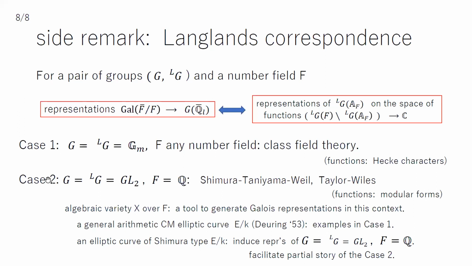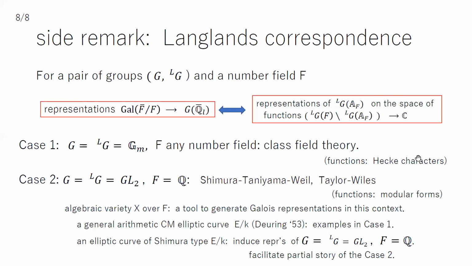Another case where this correspondence has been established is where G and the Langlands dual are GL2, and the field F is the field of rational numbers. That's actually the Shimura-Taniyama-Weil conjecture, which was proved by Taylor and Wiles. I've never read those papers though, anyway. In that context, with an appropriate topology given to this space, the space of functions is regarded as modular forms.